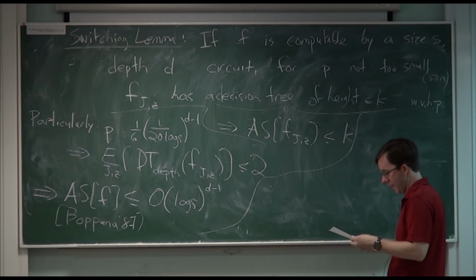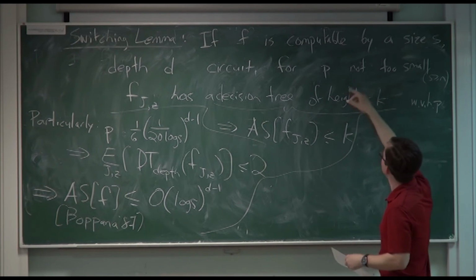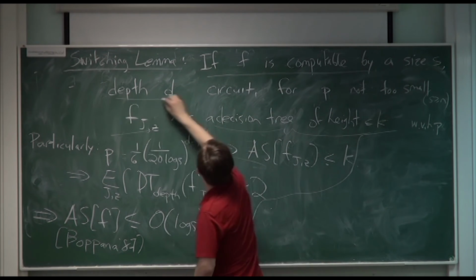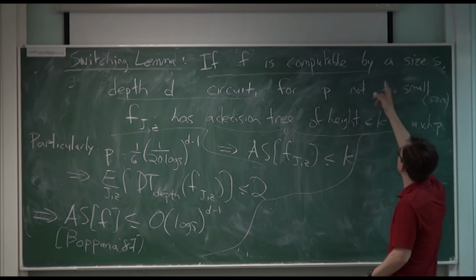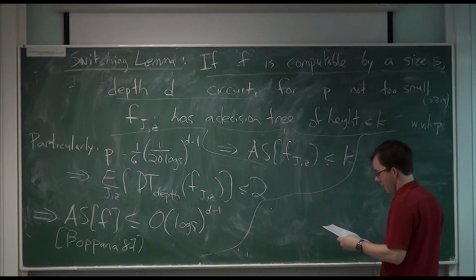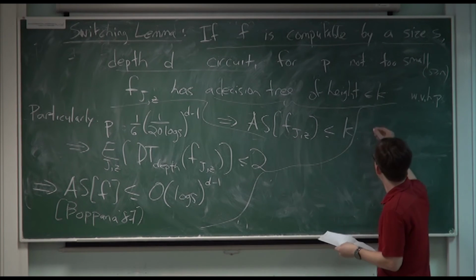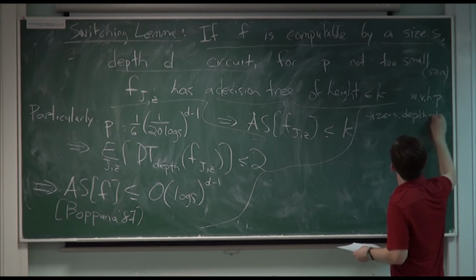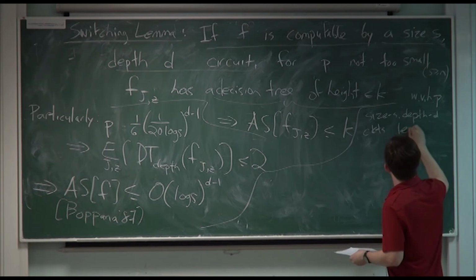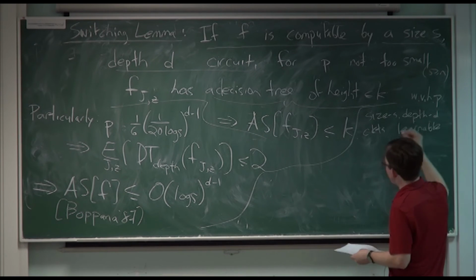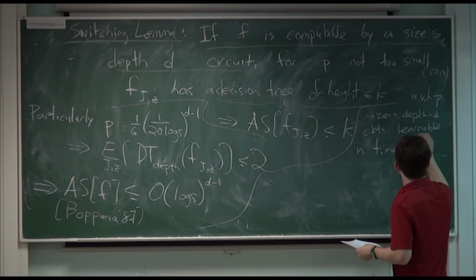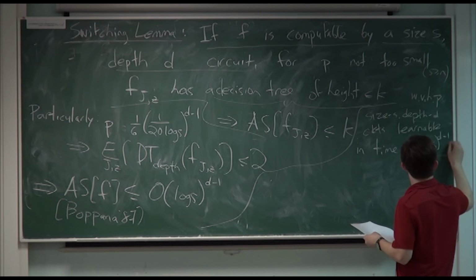So as a learning consequence, if you assume that you're learning a function computable by a size s depth d circuit, it is learnable to accuracy epsilon in time n to the order log s to the d minus 1 over epsilon.